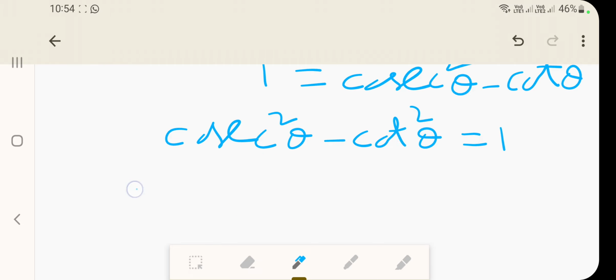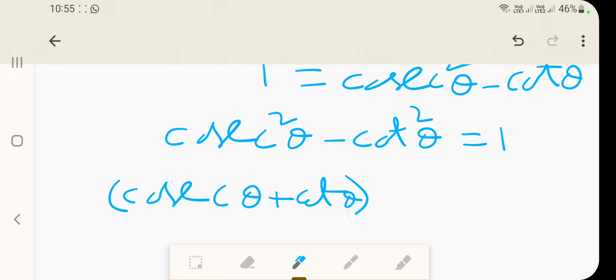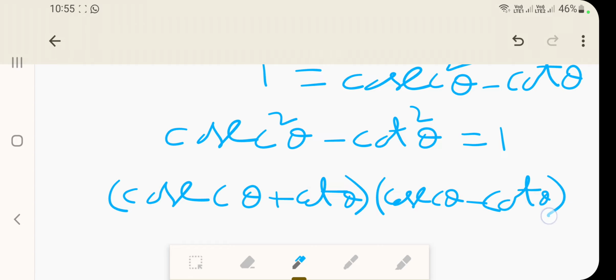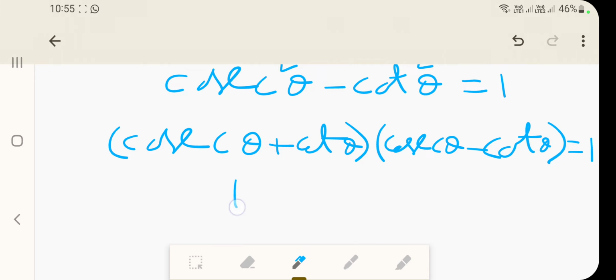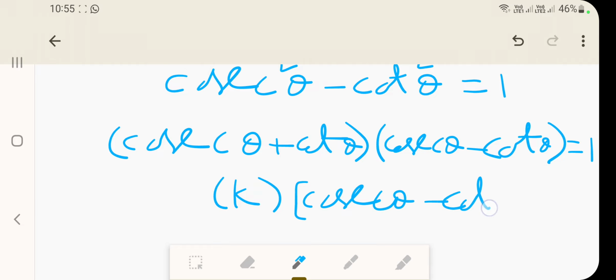So this you can write as a plus b into a minus b. So cosecant theta plus cot theta, which they have given, is equal to k, into cosecant theta minus cot theta, and the overall right hand side is equal to 1.